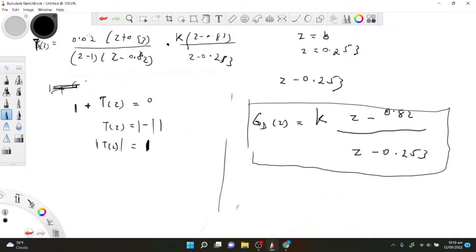So I have to find the magnitude of this complex number and equate it to 1, and make K the subject. Let me bring the K outside here. 1 plus K T of Z. You kindly hold.